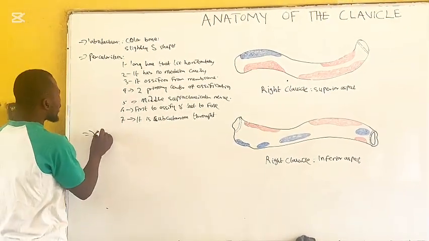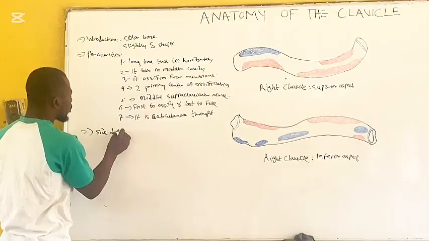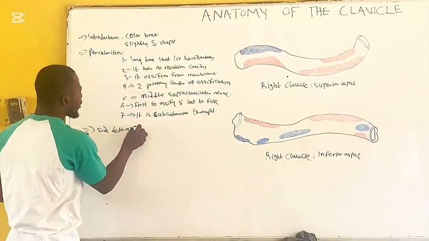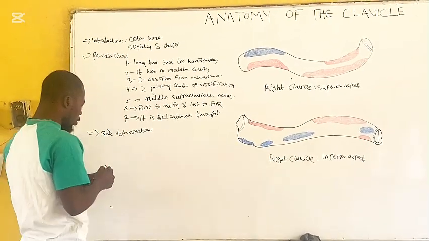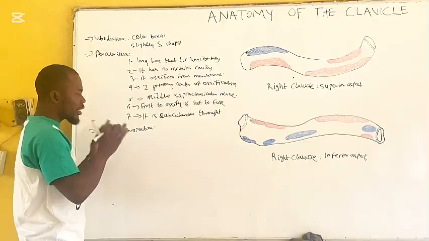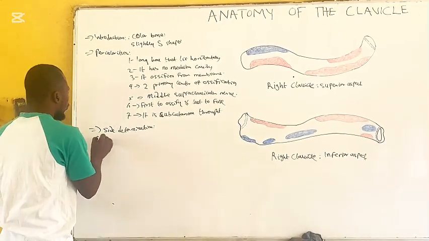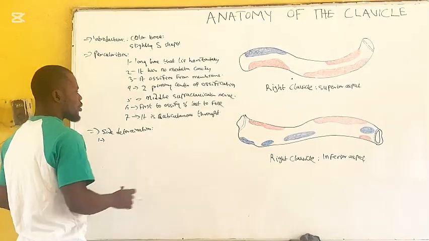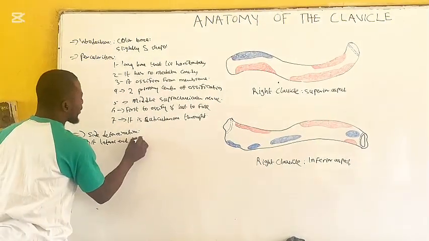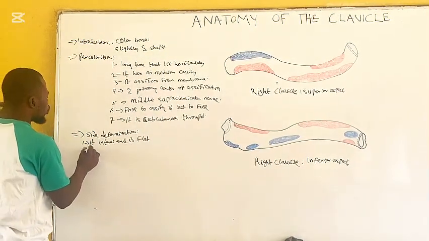Next is side determination. The features that will allow you to know that this clavicle is the right clavicle or the left clavicle include: 1. Its lateral end is flat. 2.